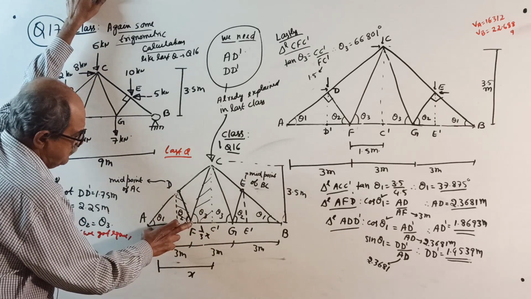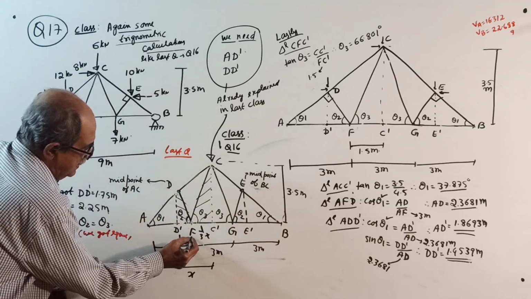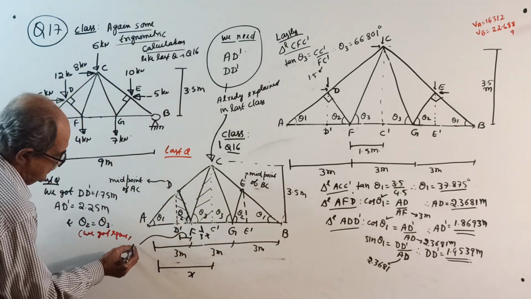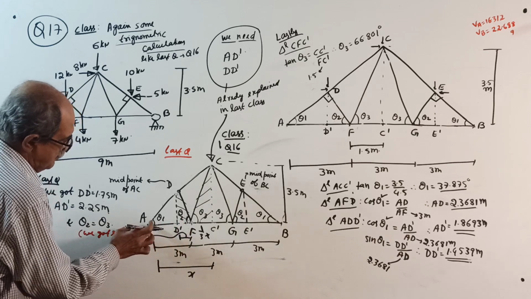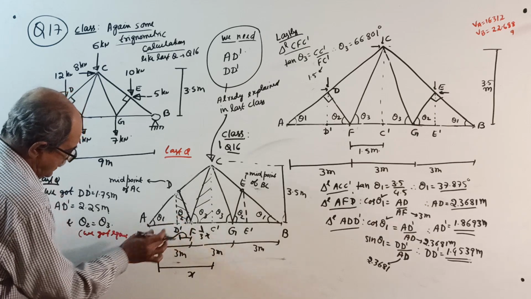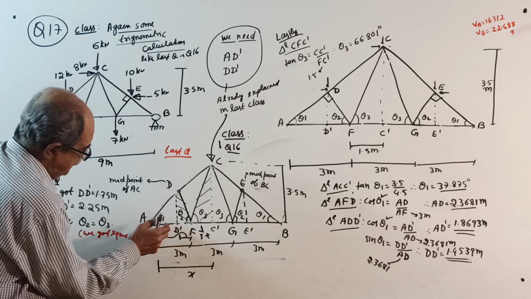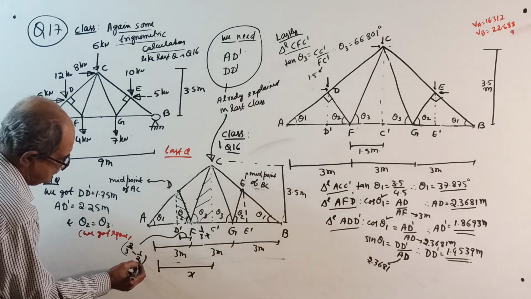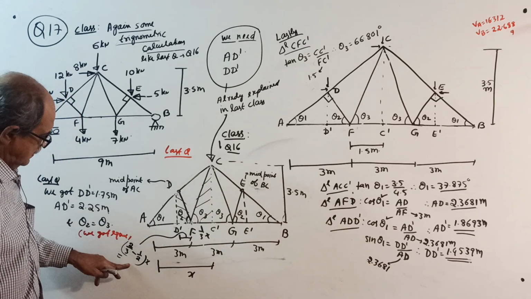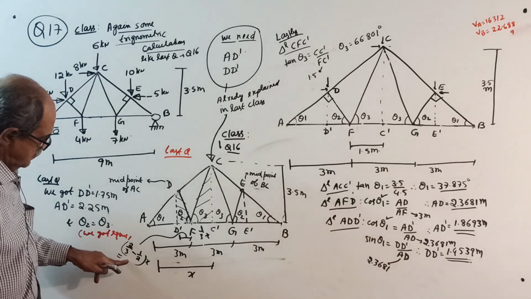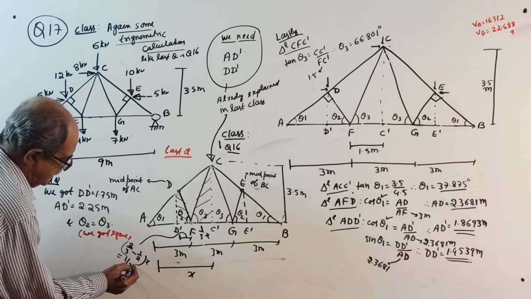When this is 2/3 of x, this is x by 2, because of the midpoint. From here to here is 2 by 3, minus half of x. Taking 6 common, that is 4 minus 2, 2 by 6, that is 1 by 3 of x.